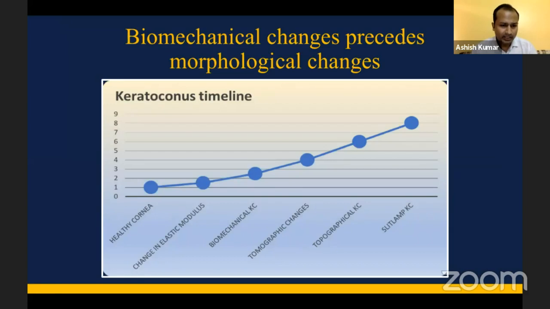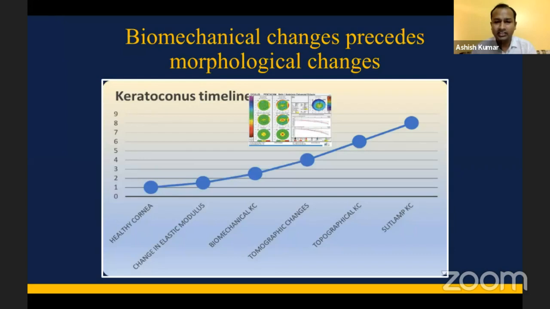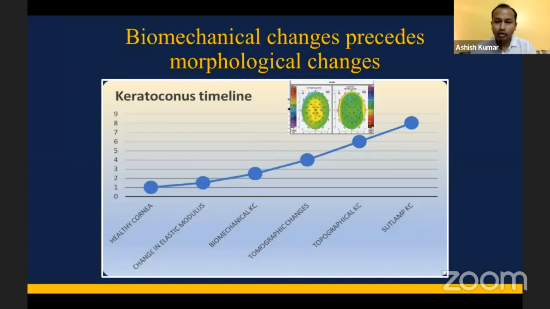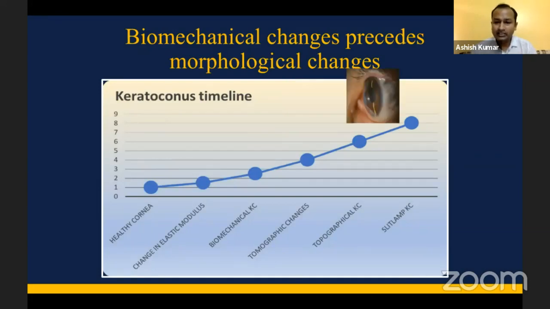So to start with, healthy cornea is there, then it undergoes stress and strain, and then later we'll see a change in elastic modulus, which then over the period of time manifests as biomechanical changes, which can be picked up by newer devices like Corvis ST. Then over a period of time, we'll start seeing these changes in tomography maps, and then it starts manifesting in topography maps, and then slowly we start seeing these patients on slit lamp.